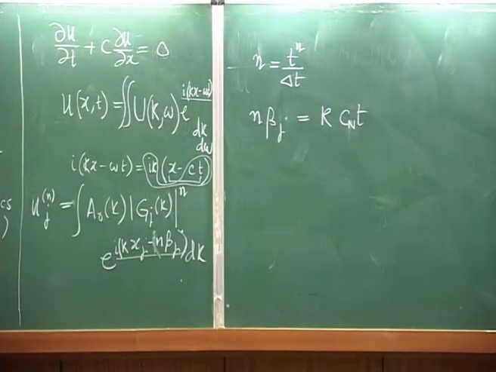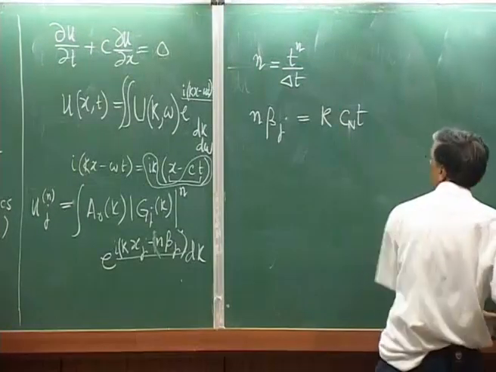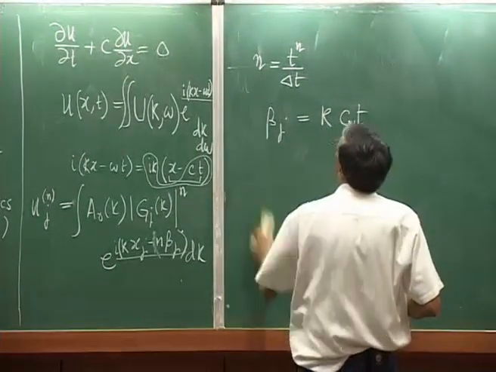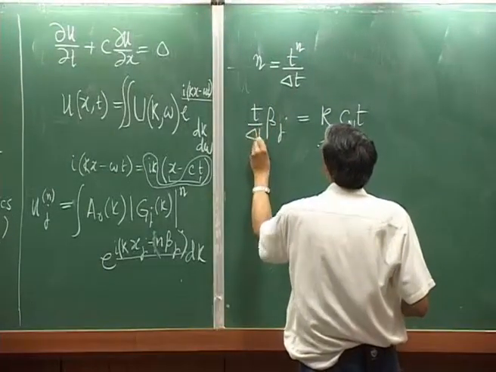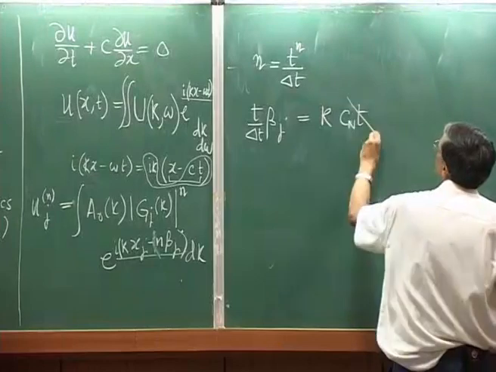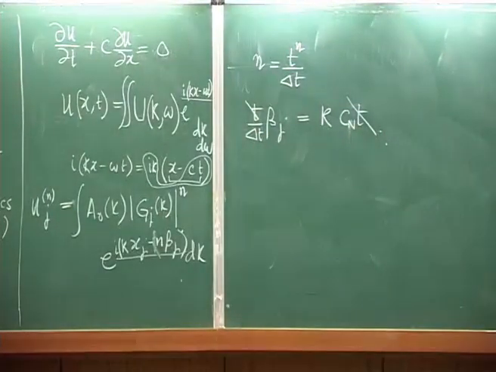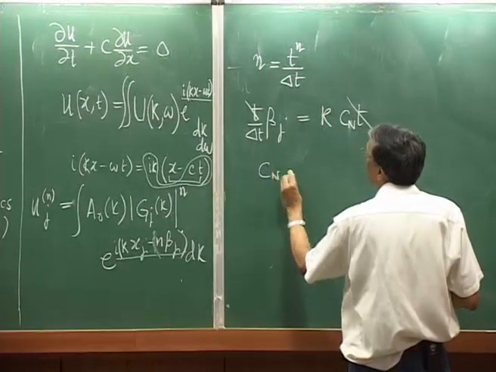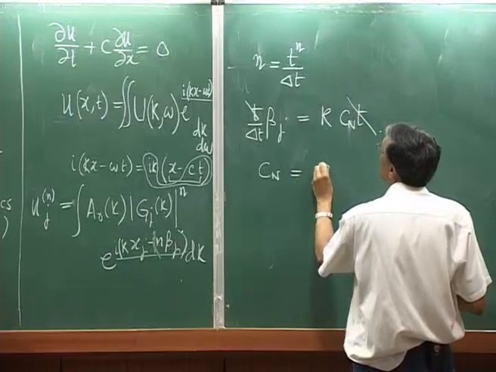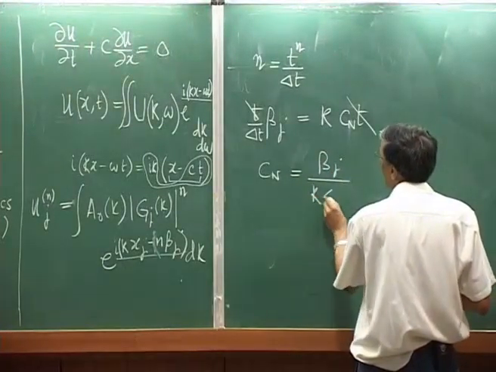So, if I replace this n by what I have written there, t by delta t, then you can see, of course, this t will cancel, and what we find then is an expression for c n, that is nothing but beta j by k delta t.